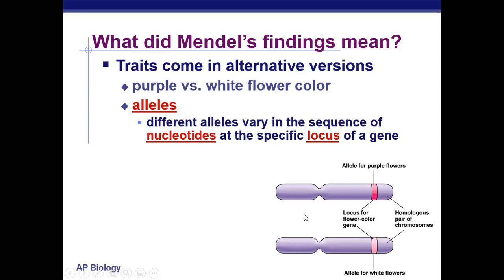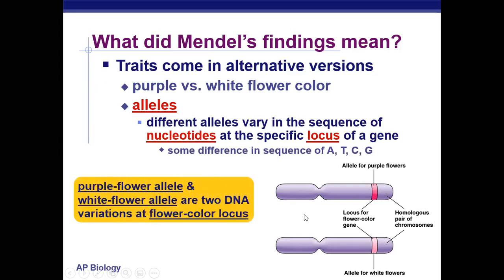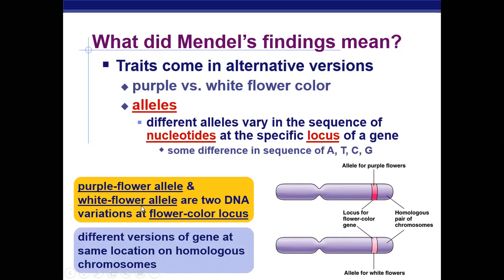And thanks to the whole process of crossing over in meiosis, you can get different variations of purple or white, and we know in the F2 generation that's going to be 75 to 25 or 3 to 1. So the purple flower allele and the white flower allele are 2 DNA variations at a flower color locus.